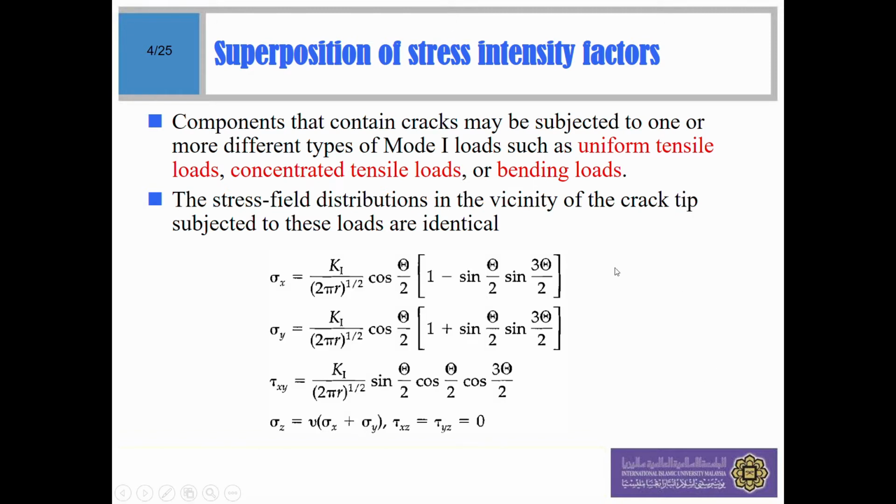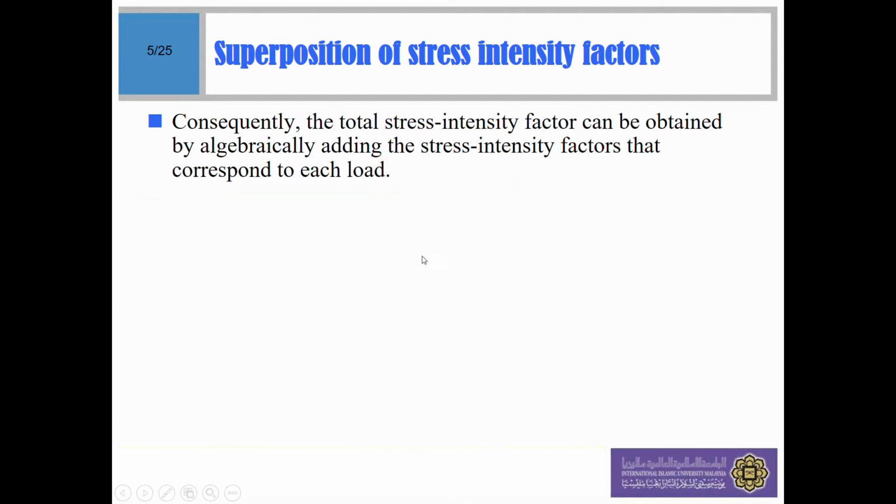Like we have covered in the previous lecture, we technically can measure and calculate sigma x, sigma y, shear xy, and sigma z based on the assumption that we applied in the previous lecture. Consequently, the total stress intensity factor can be obtained by algebraically adding the stress intensity factors corresponding to each load.